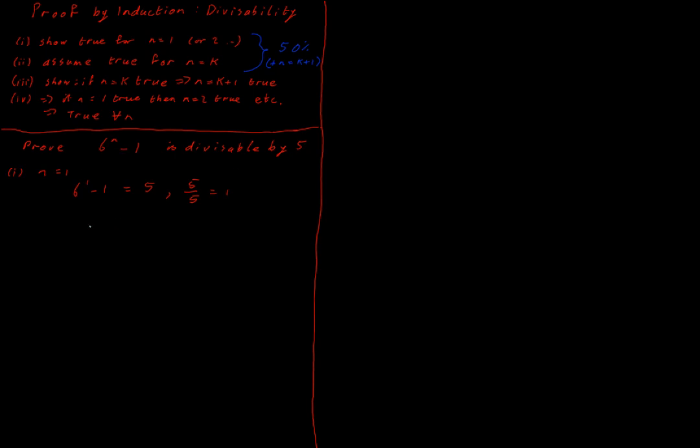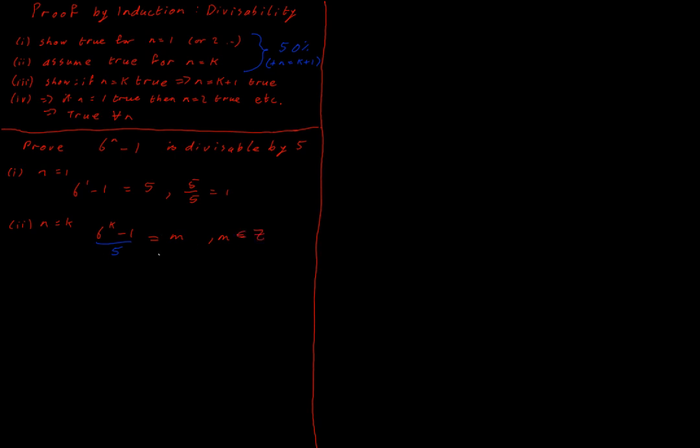I'll write down the situation in the abstract for my second stage, n is equal to k. So I'm going to assume that 6 to the power of k minus 1 can be divided by 5, and give me a number, we'll call it m, where m is an element of the integers.